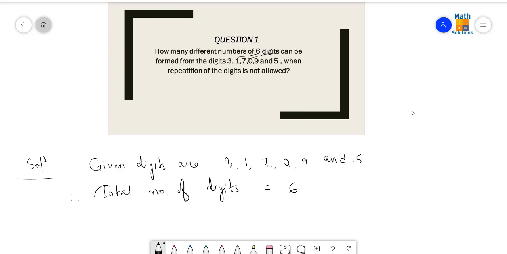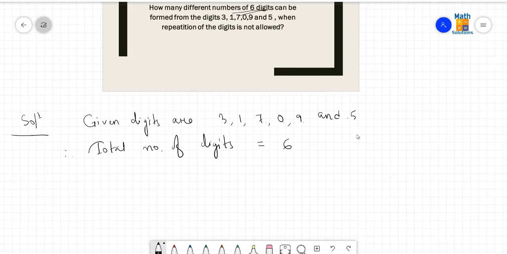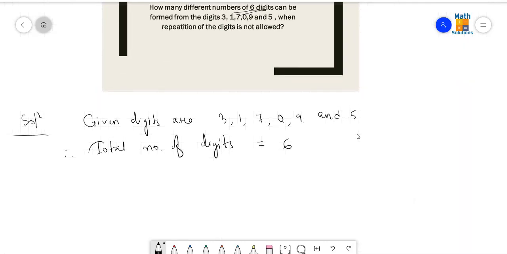There are 6 digits given to us. But whatever I explained just now regarding 0, we have to mention that part here. What shall we write here? But the first digit cannot be 0.